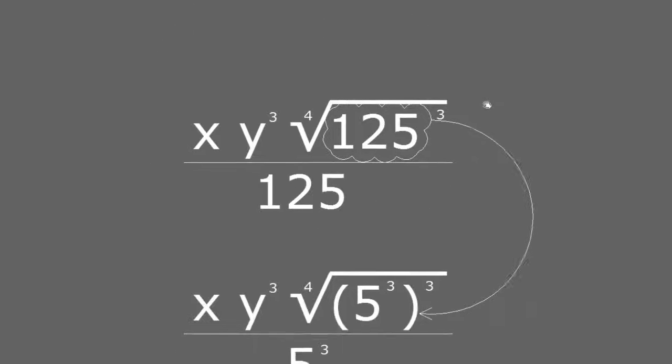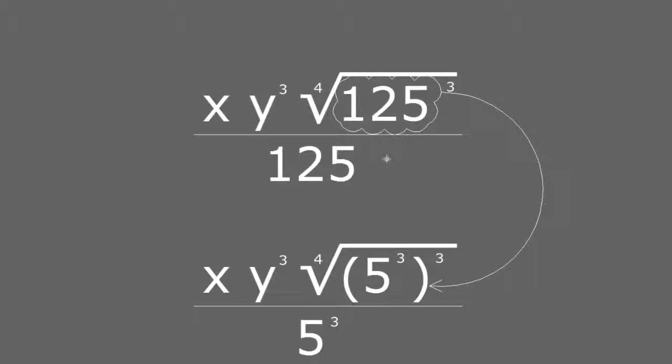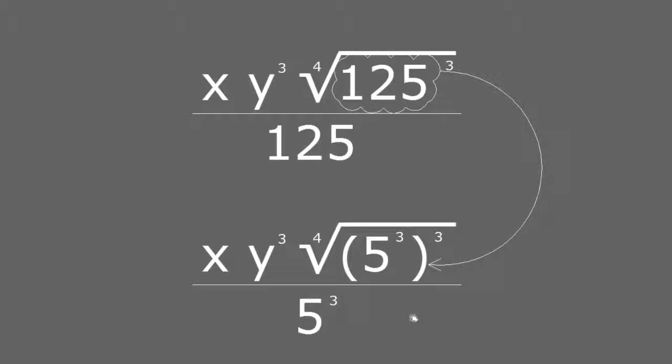So after that, I have the number 125 cubed. But 125 is also 5 cubed. 5 times 5 is 25, times 5 again is 125. So I have 5 raised to the third power, raised again to the third power. When you have that, what you can do is keep the same base number and multiply the exponents.